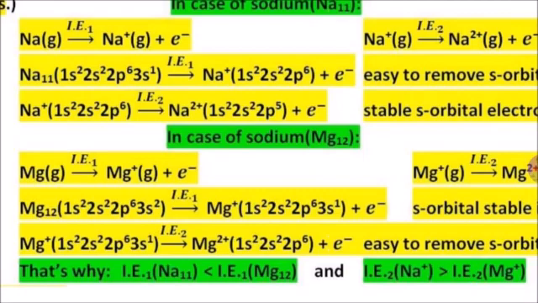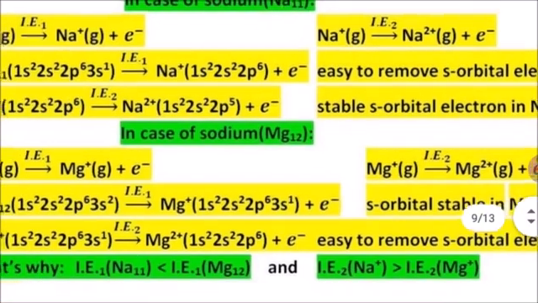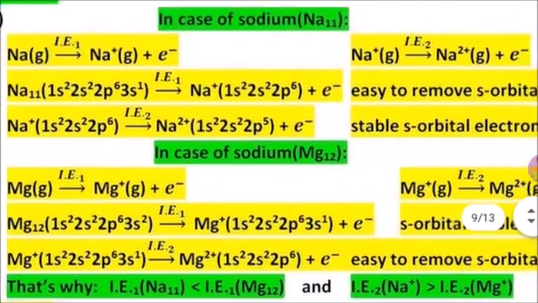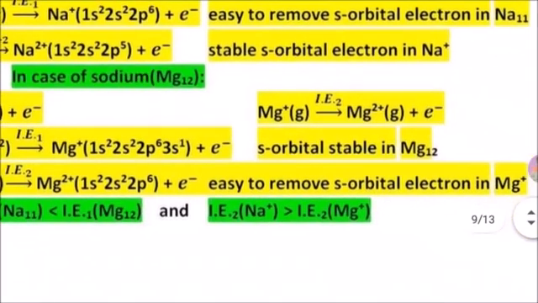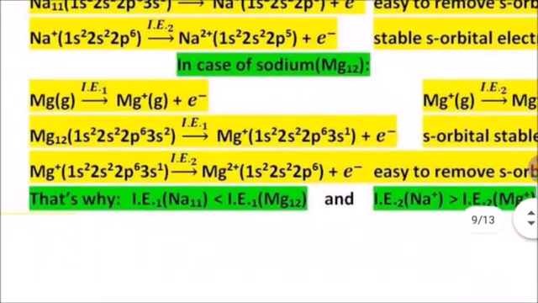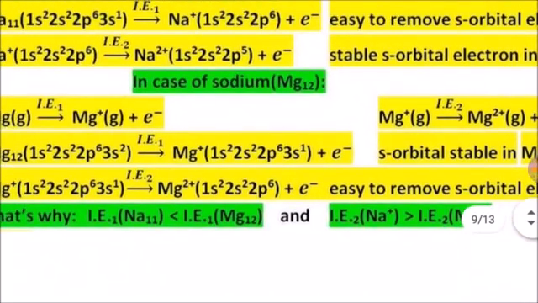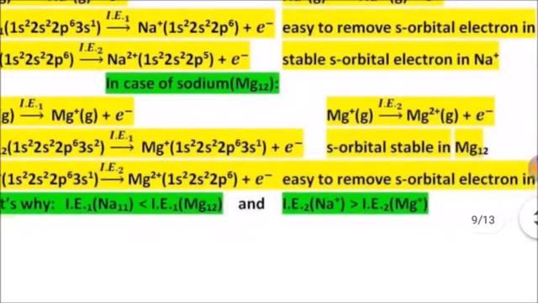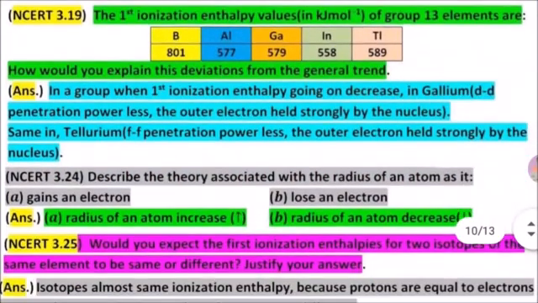But in the ionic condition, magnesium has lower ionization enthalpy, because sodium has greater ionization enthalpy, since when it becomes Na positive it has the stable configuration 1s2 2s2 2p6, but for IE2 the magnesium has the condition 1s2 2s2 2p6 3s1, so it is easy to remove in this case, so magnesium has a non-stable configuration.